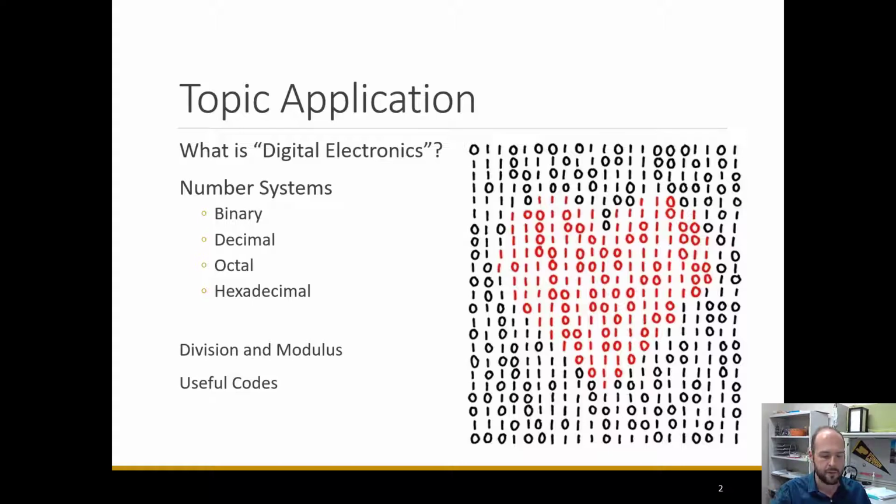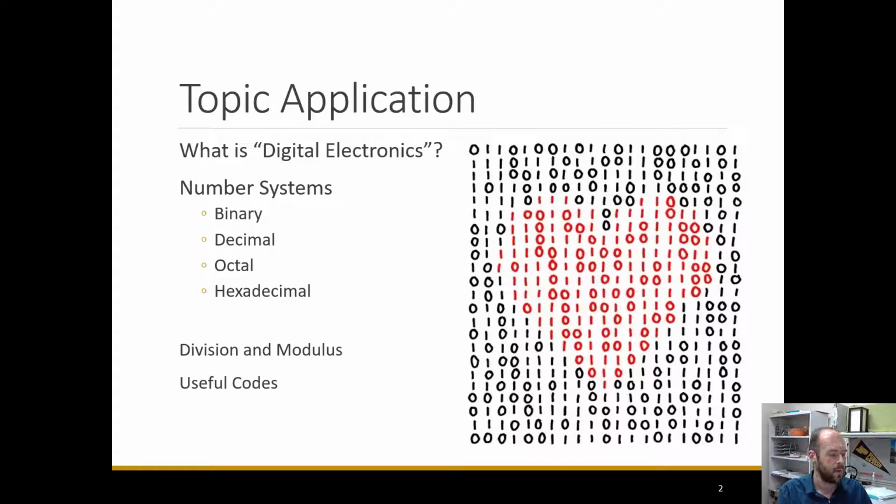So we're going to introduce number systems today. The binary, decimal, and hexadecimal being the most frequently used. We'll highlight octal as well because it's highly related. Then we'll talk a bit about working with those number systems mathematically, because there are some unique factors to that.